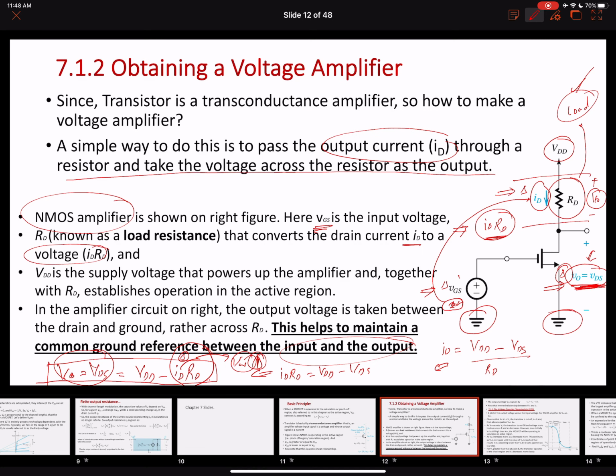We are still taking the output not across the load resistor, but across the drain to source, just to make sure that we have a common ground between the input and the output. Changes in the input voltage will be reflected in changes in the drain current, which will change the potential drop across the load resistance, which will be reflected in this equation.